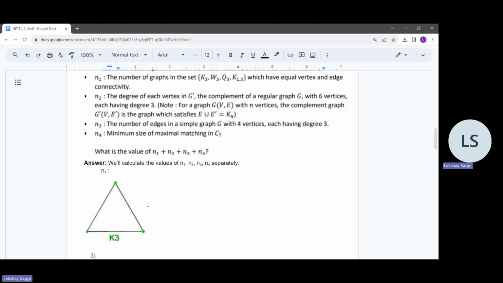If we delete all three vertices, then there is no graph remaining. And generally, it's defined that if we need to remove all the vertices, then the vertex connectivity is equal to the size of the vertex set. So let me just confirm this.